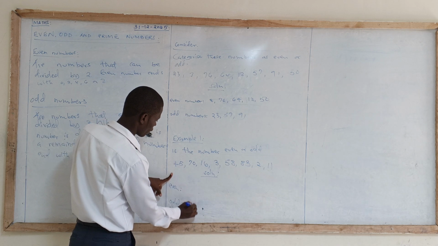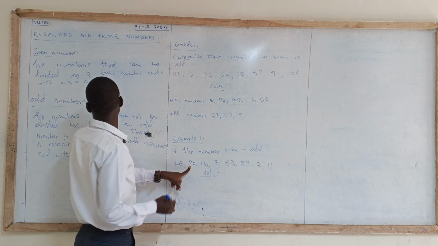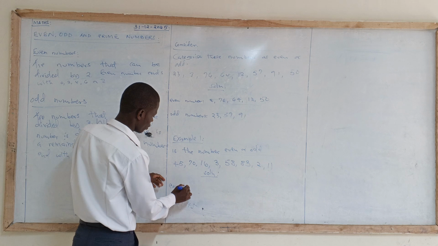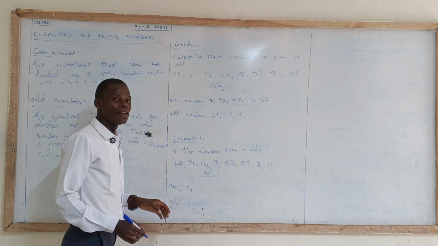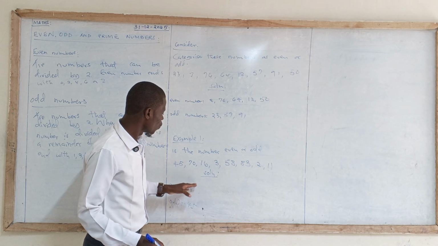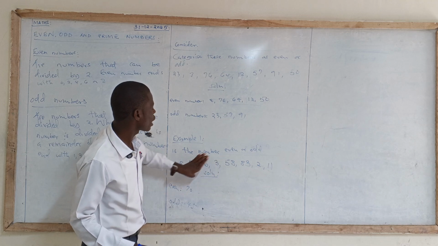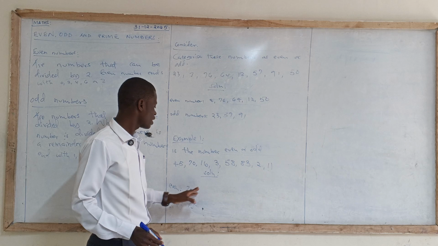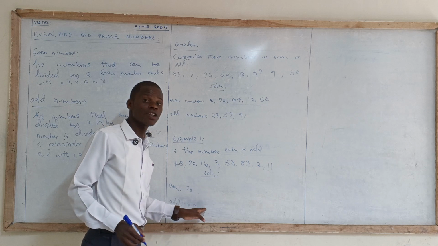So odd, 45. 70 ends with 0, an even number. So 70. Now, if you sort the other numbers and categorize them, I've started with 70 and 45. So from 70, the next even number, and 45, the next odd number.